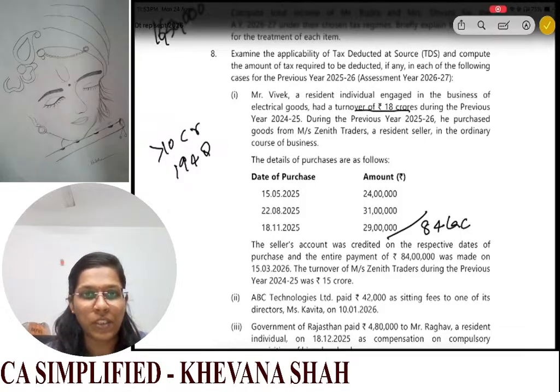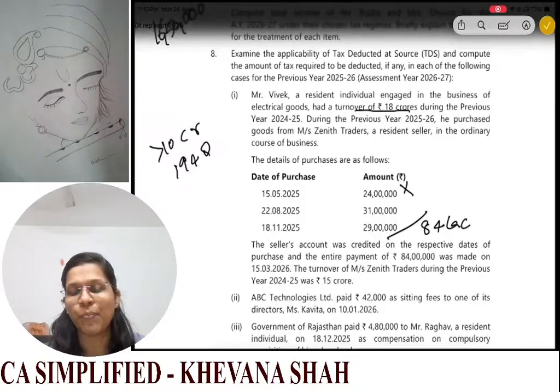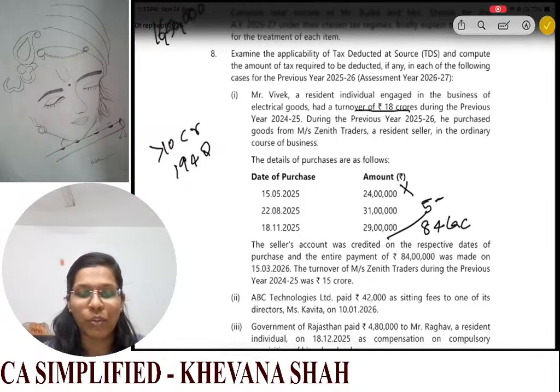Now what happens is, once you cross your 50 lakhs, then your TDS will be applicable. So TDS is not applicable for these 24 lakhs. Then we have 31 lakhs. When you add your 31 lakhs to your 24 lakhs, the cumulative amount that you get is 55.